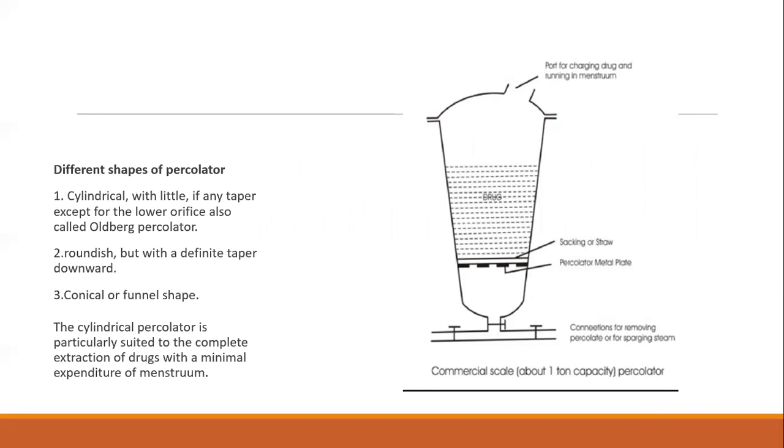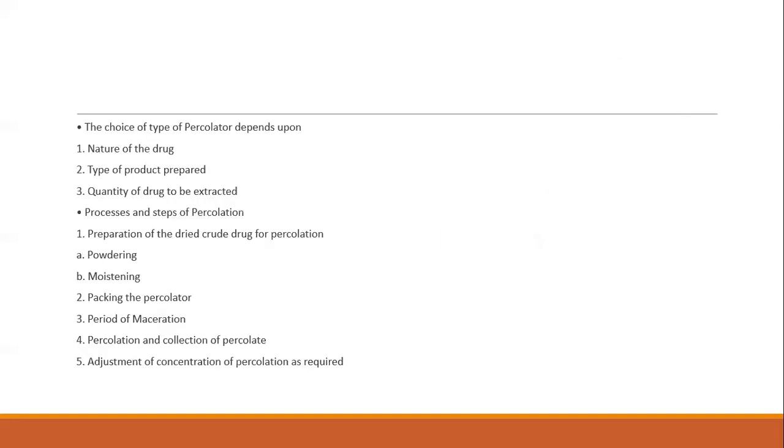Different shapes of percolators: cylindrical with little, if any, taper except for the lower orifice, also called the Oberg percolator. Roundish, but with a definite taper downward, conical or funnel shape. There are different types. The cylindrical percolator is particularly suited to complete extraction of drug with a minimal expenditure of menstruum.